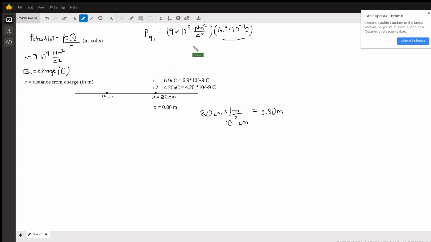Now going back to our problem, we would plug in 0.80 meters for R. So for the potential from Q1, let's plug this all into our calculator. For Q1, the value of the potential is 77.625 volts.